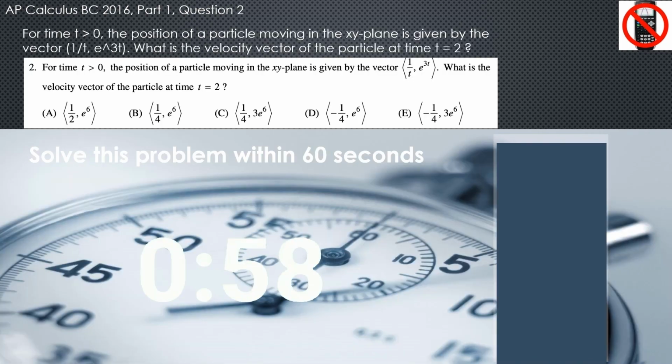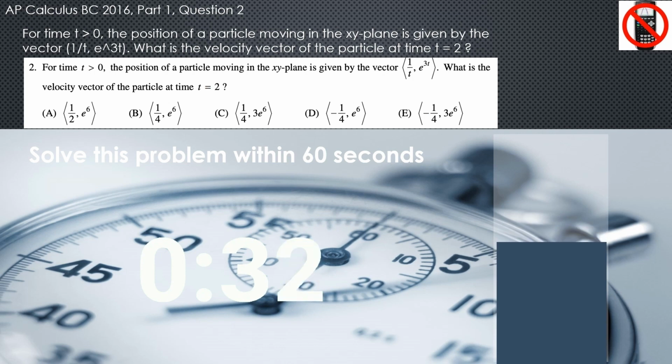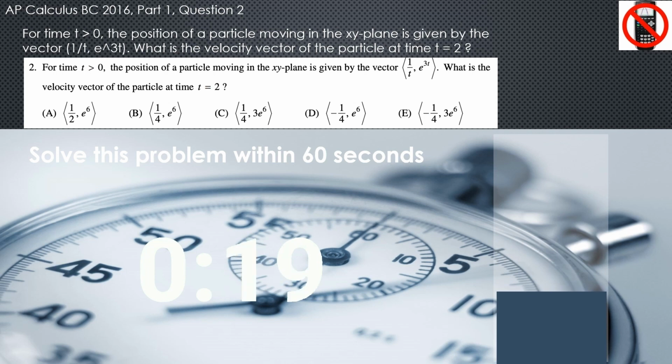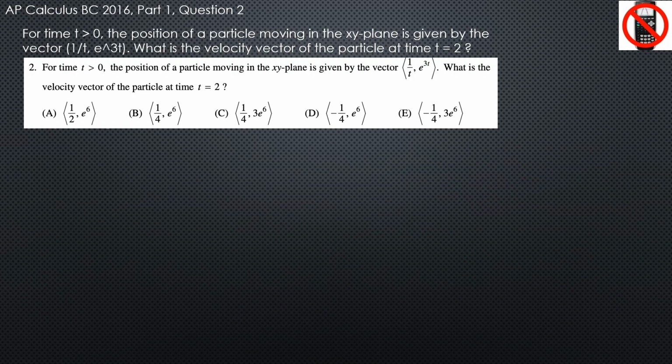Solve this problem within 60 seconds. Step 1.